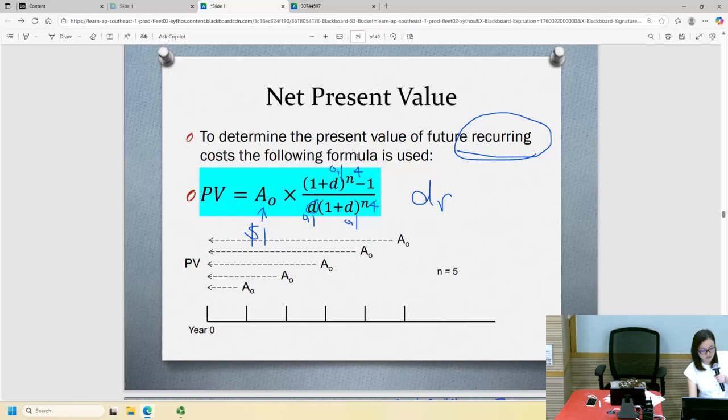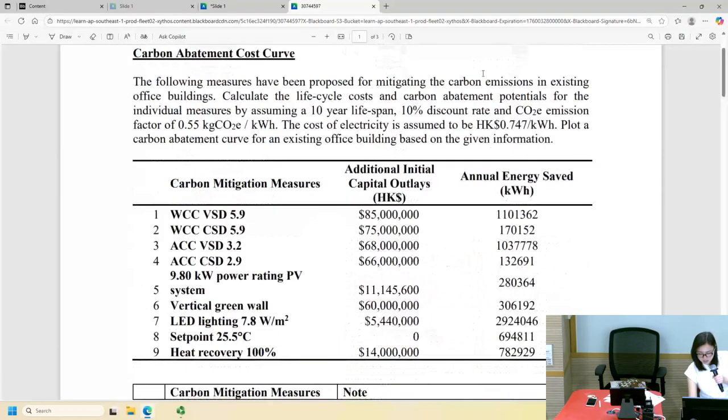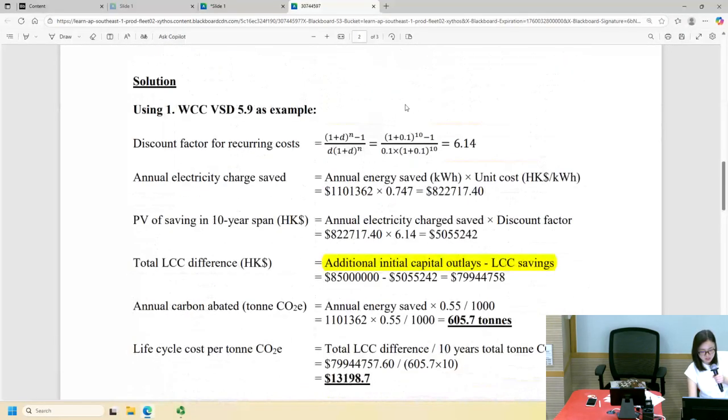So we may use this equation to calculate the present value for the annual saving in electricity fees. The discount rate is 10%, so D is 10%. We put 0.1 here. Then the discount factor for recurring costs will be 6.14.